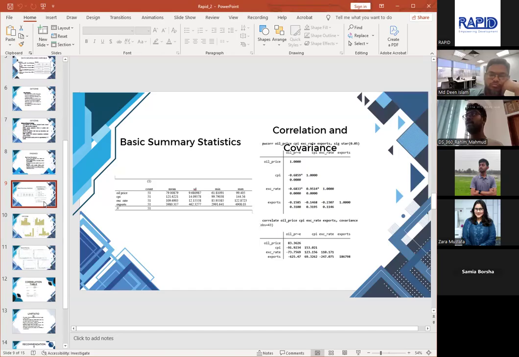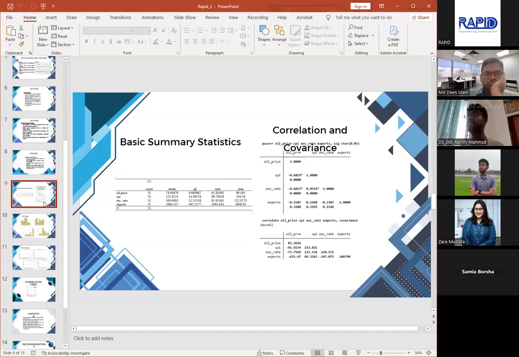The mean represents the average value of each variable during the study period from January 2022 to March 2026. The standard deviation measures the degree of variation or volatility. A larger standard deviation indicates greater fluctuations over time. The minimum and maximum values provide the range of observations, helping us identify the extent of variation in each variable.